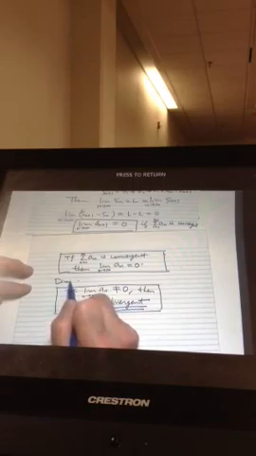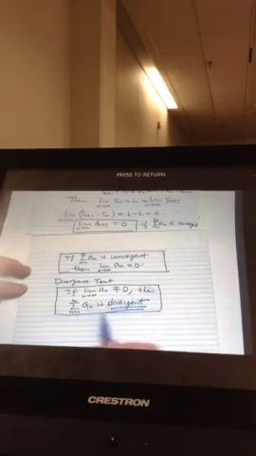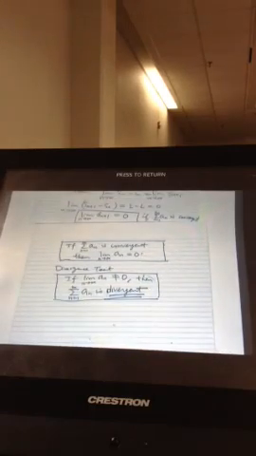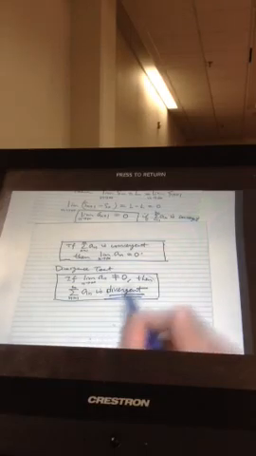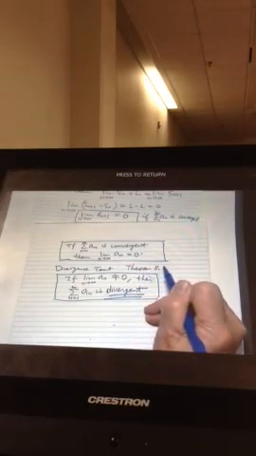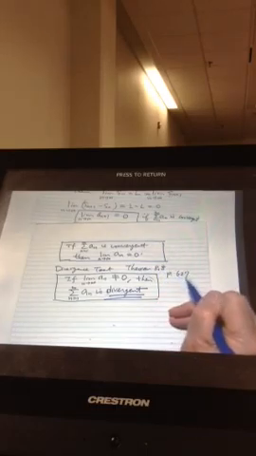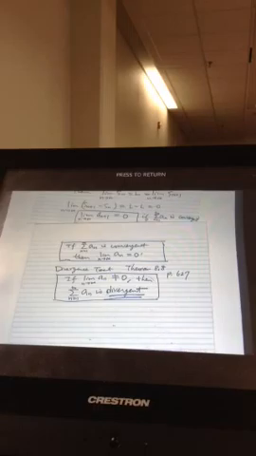This is called the divergence test. If you have the book, I can show you where it is. It is Theorem 8.8 on page 627. We have this test.